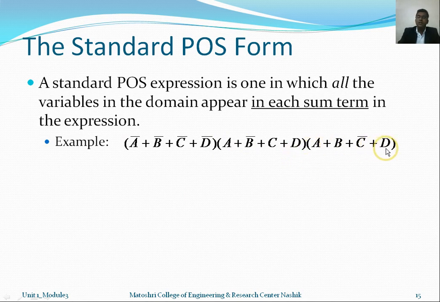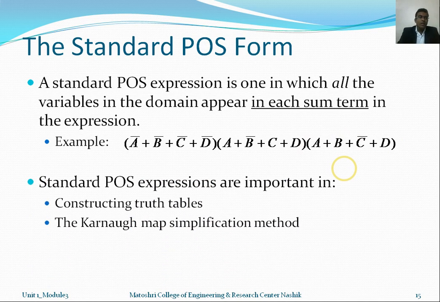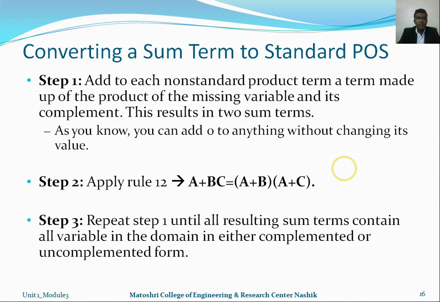Similarly, in the third sum term, all the variables are present. So in each and every sum term, all the variables must be present, and we call it a standard POS form. The standard POS forms are very important for constructing truth tables as well as for K-map simplification methods.